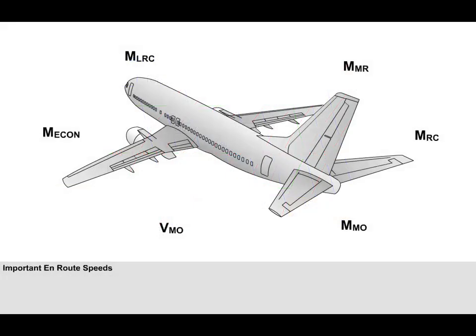Before we proceed to the en route altitude, it is important at this point to briefly detail a few important speeds, most of which you have already covered. These speeds are commonly expressed as Mach numbers. The first of these speeds is the maximum operating speed, either called VMO when using indicated airspeed, or MMO when using Mach numbers.